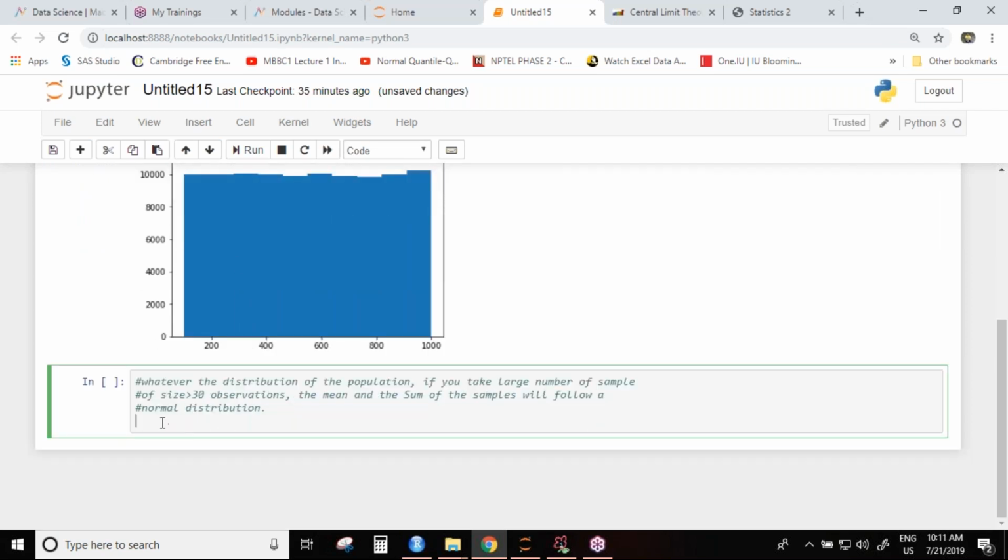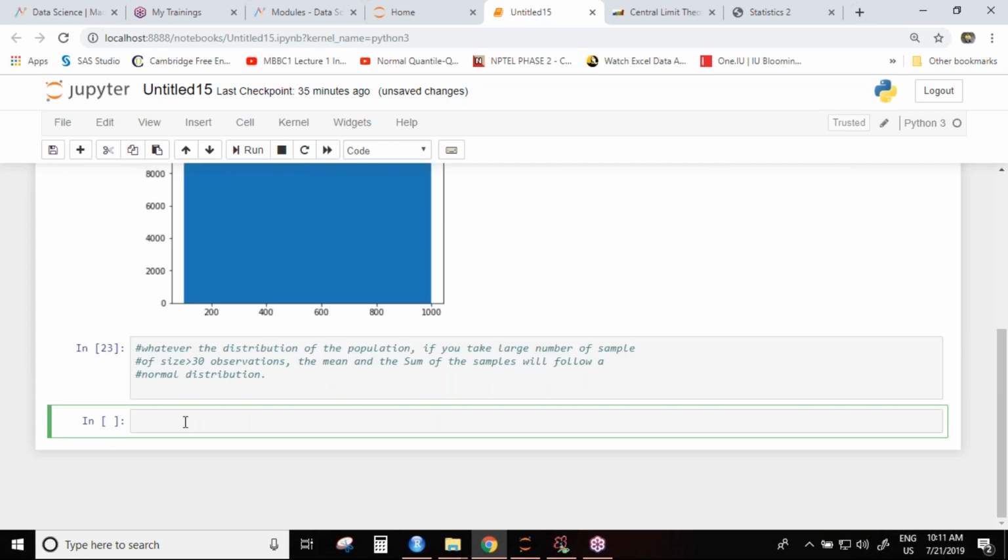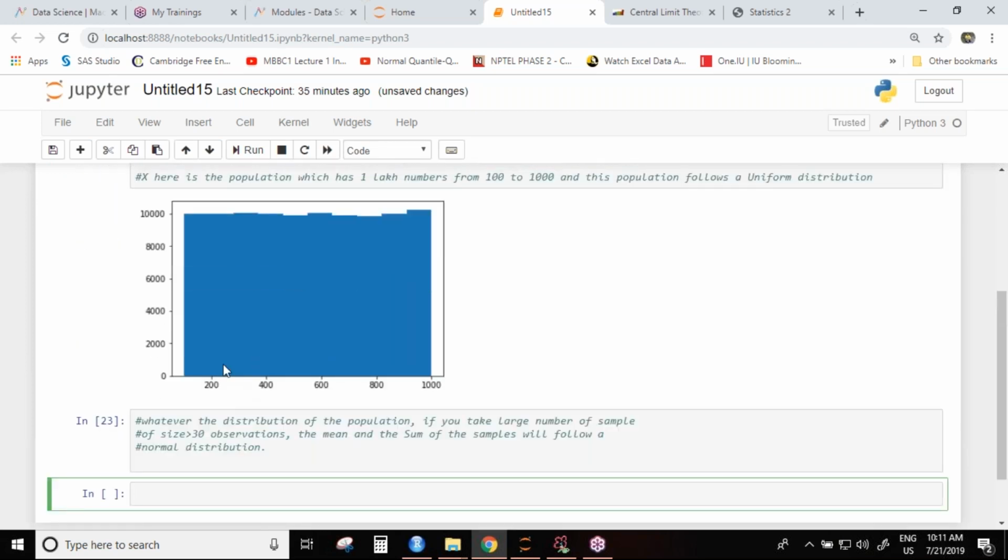Now as per the central limit theorem, I will take samples from here, samples of size 30 or more. Why 30 or more? Because that's what the theorem tells us. How will we take a sample? We will use the function sample, which selects as many samples as you want from another variable.